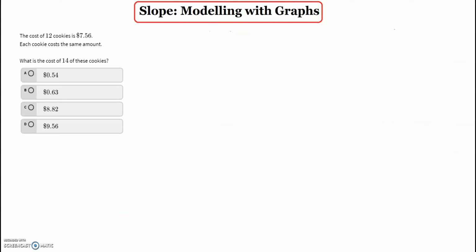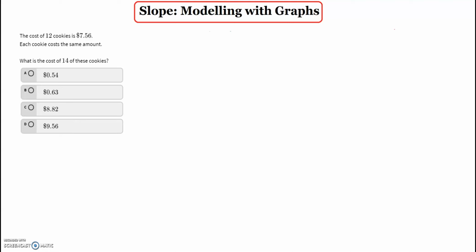This is another question in sample MPT. The cost of 12 cookies is $7.56. Each cookie costs the same amount. What is the cost of 14 of these cookies? So first I will find out how much is one cookie.